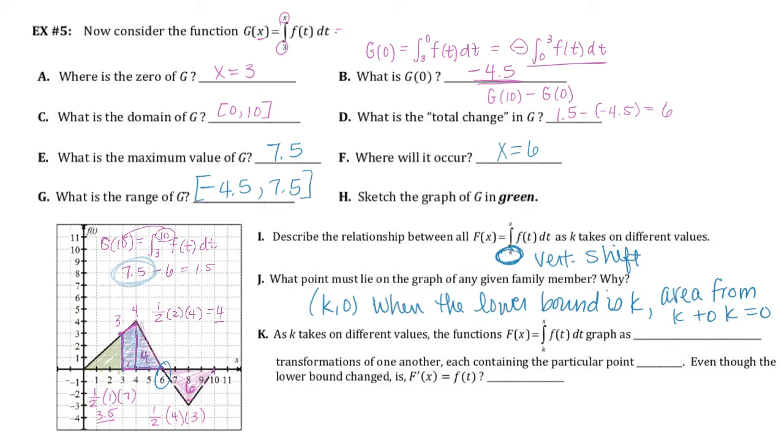As K takes on different values, the function f from K to X graphs as vertical transformations of each other. So here we have a vertical transformation. My pen is protesting today.